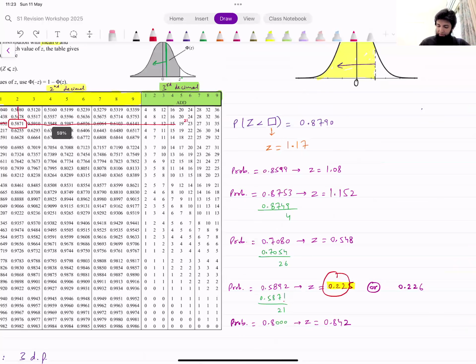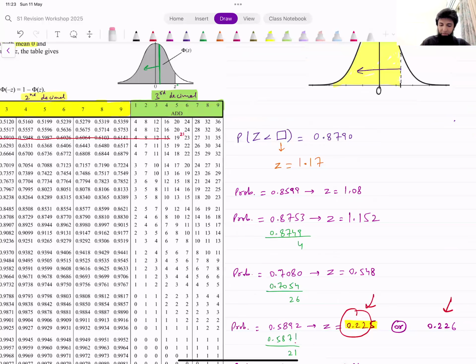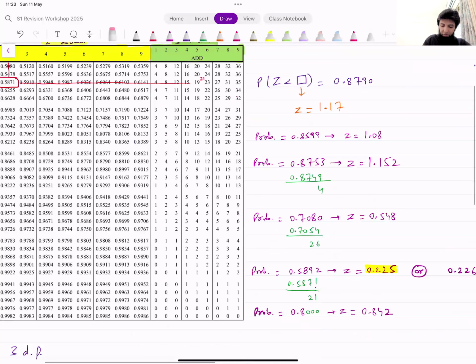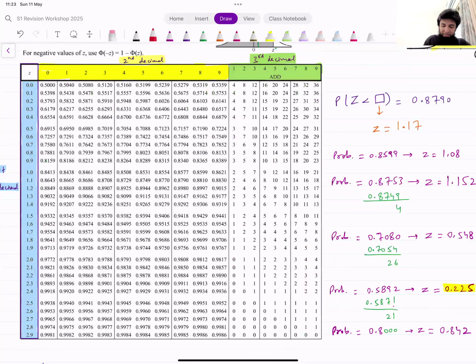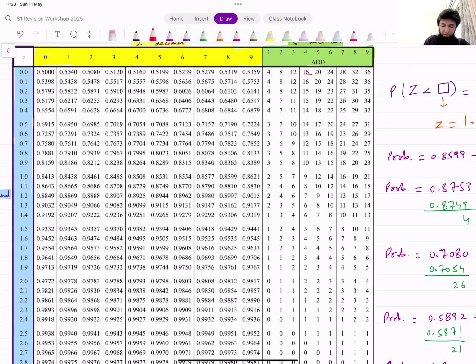All right. Sometimes the probability value, if you look at the table, all the probability values here are given to 4 decimal places. Z values are given to 3 decimal places.